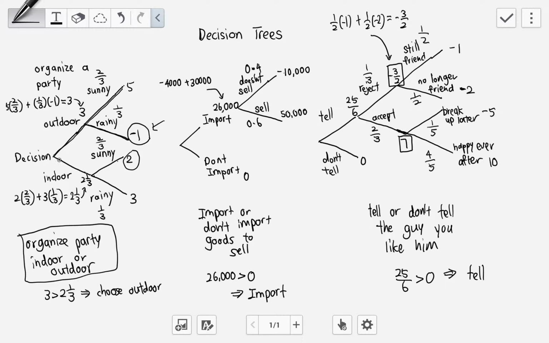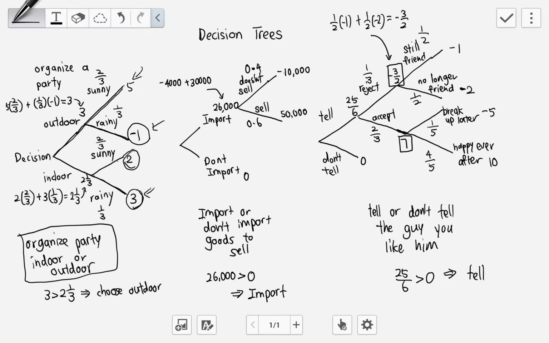And if you go indoor and it is rainy, then you are happier than if it were a sunny day, because maybe the weather is cooler and you're happy that you are not outdoor.